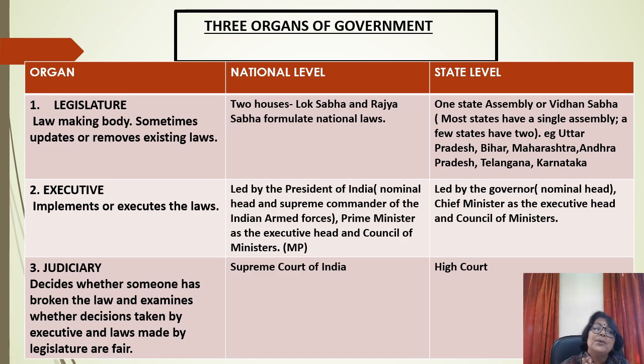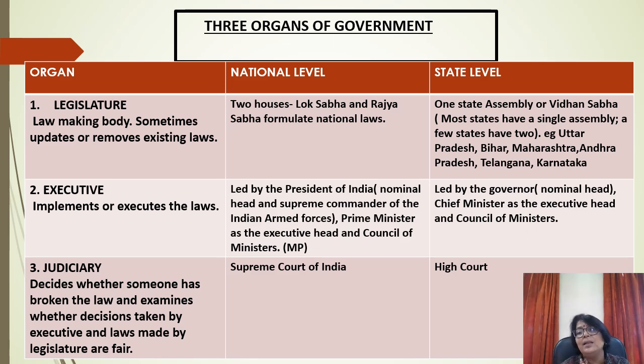First, the most important organ is the legislature, that is the law-making body, and sometimes it updates or removes existing laws. At national level, it is known as parliament, and it consists of Lok Sabha and Rajya Sabha, and the main function of parliament is to formulate national laws.